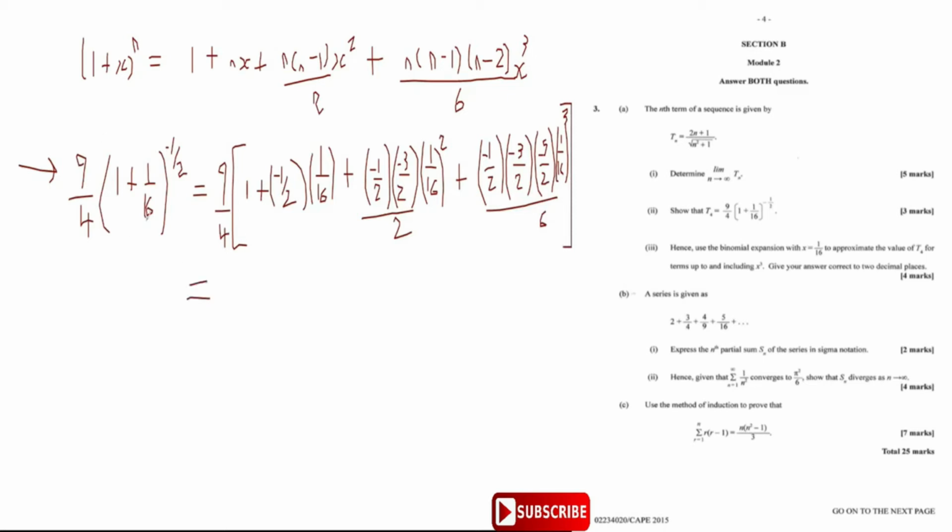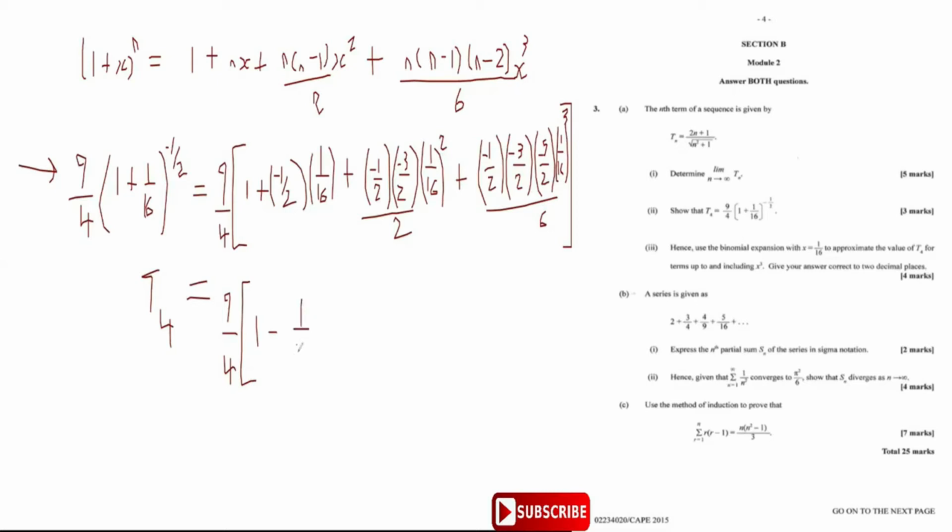So remember, all of this is just T4. I'm going to replace that now with T4. So T4 is equal to 9 over 4 times, you put these in your calculator, 1 plus minus a half times 1 over 16, that's minus 1 over 32.